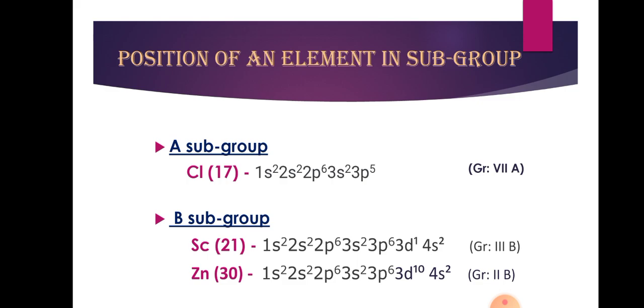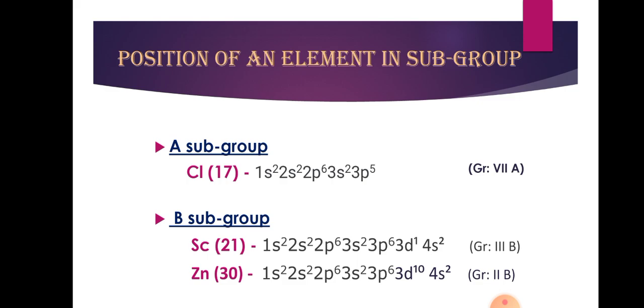If the outermost level of an element has no d orbital and the last electrons enter s or p orbital, then the element is placed in subgroup A. For example, chlorine has 7 electrons in its outermost level and has no electron in d orbital.